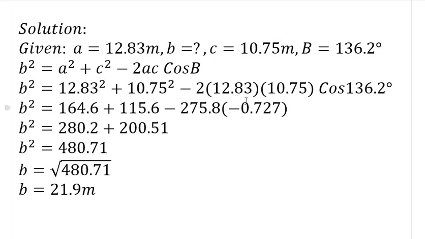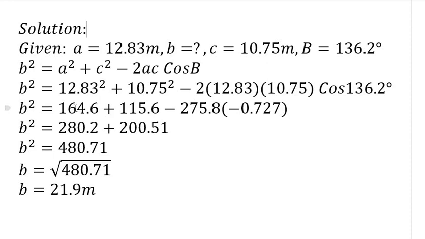It's only sine that is positive in the second quadrant. Both cos and tan are negative. And what we have here is 136, which by implication means it will fall in the second quadrant. That is why cos is negative in the second quadrant. That's why we have negative 0.727 here. So if you have not seen that video on quadrants, kindly check this YouTube channel. You will see the reason why this is negative.